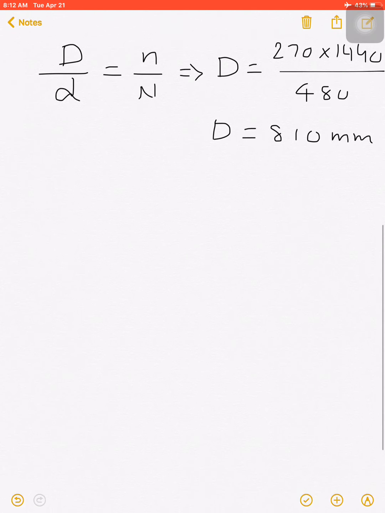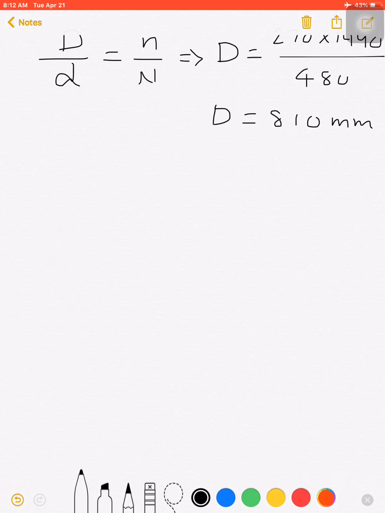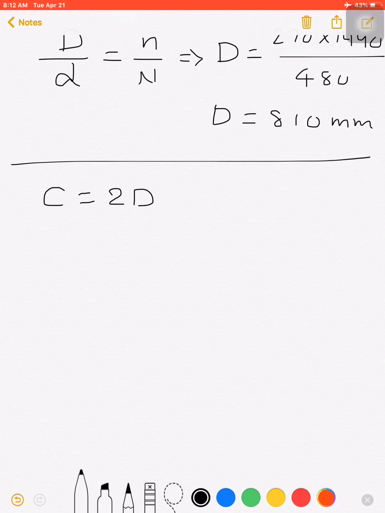Now come to the second one: find the length and width of the belt drive. The given data is, the center distance is 2 times capital D, which is 1620 mm.